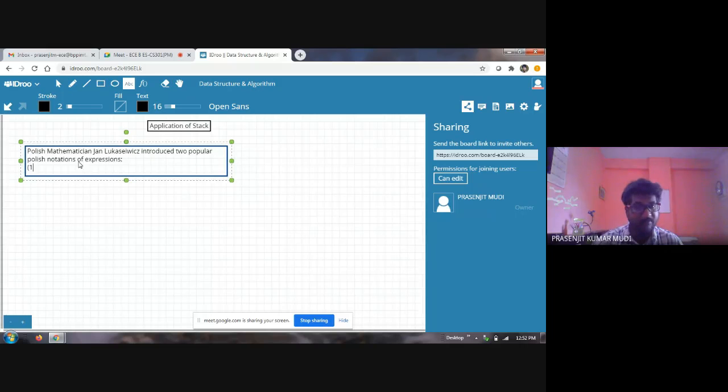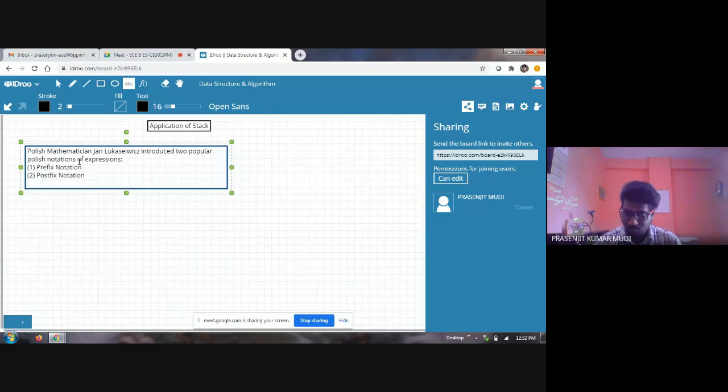Those are named as prefix notation and the other is postfix notation. Besides these two, we can talk about another notation which is known as infix notation.